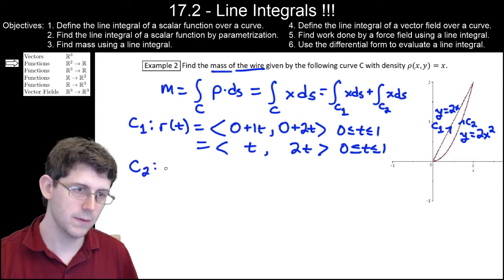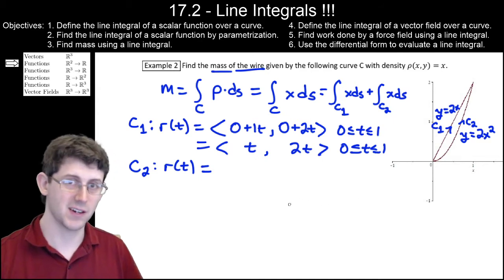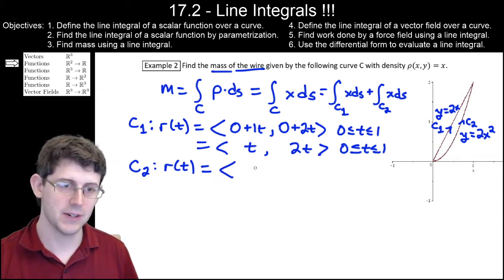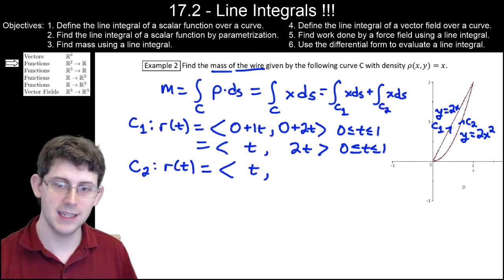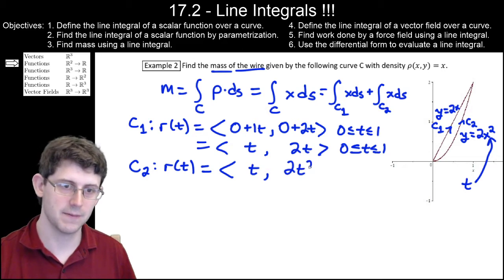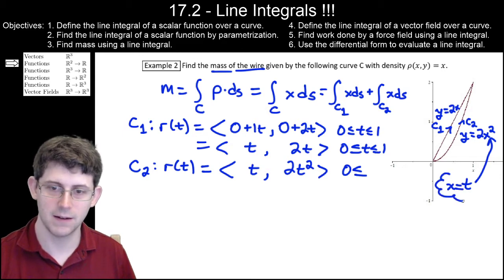For C2, when I have a function, like y equals some function of x, the easiest parameterization is to let x equal t. If x equals t, then you can plug t in for x and it tells you what y equals. Then for your t bounds, you use the x bounds because you're letting x equal t.